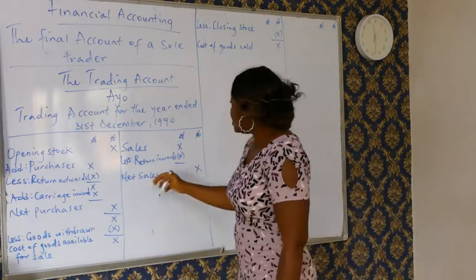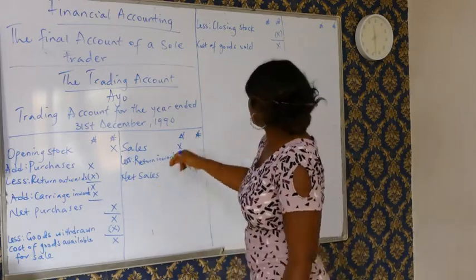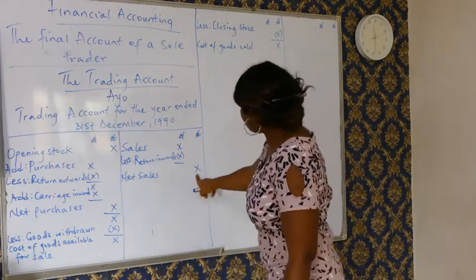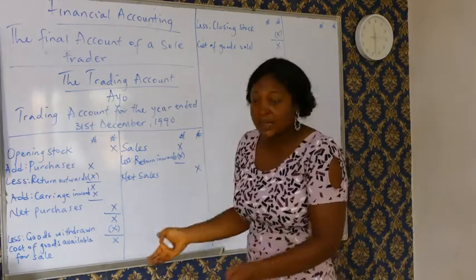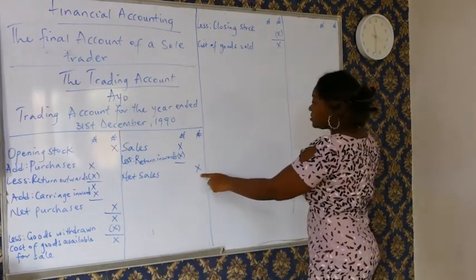And what do we do? To calculate our gross profit, let us assume here that the net sales is higher. You use the figure for the net sales to close the account.